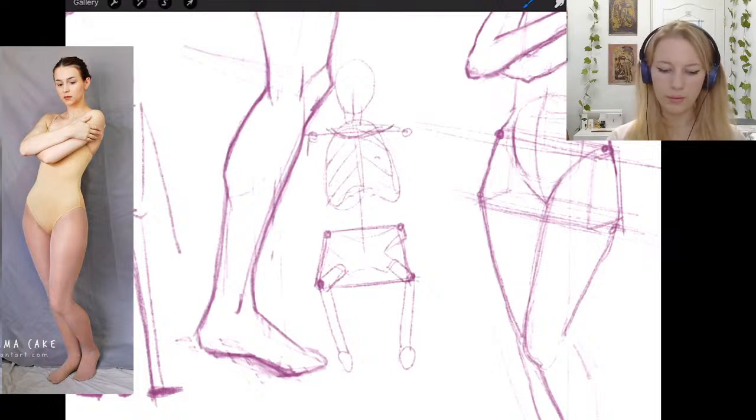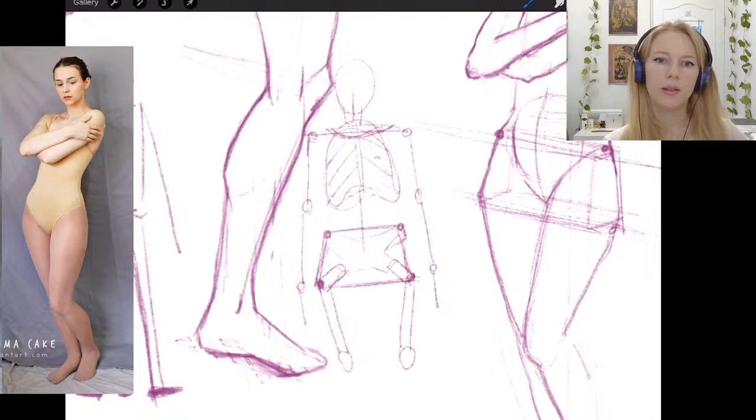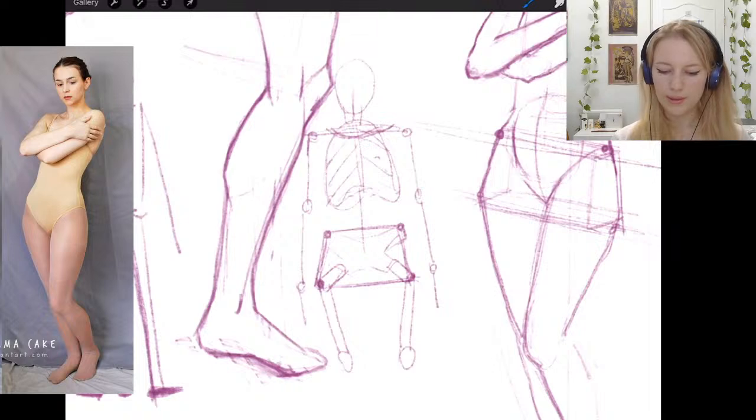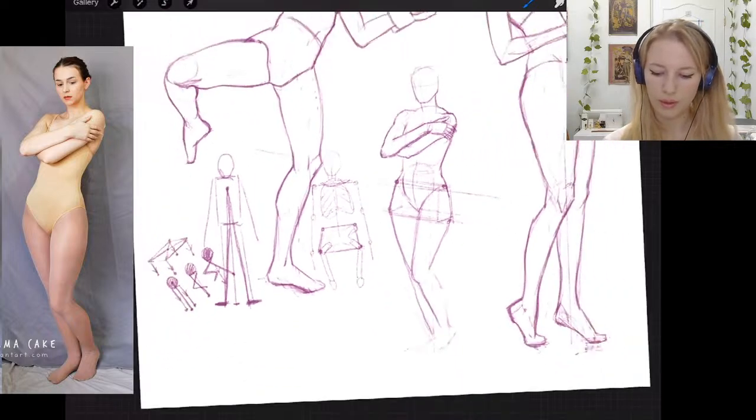So understanding the super stick figure, I would say, definitely helps, because when you understand the super basic shape, the construction, like the skeleton but super simple, it's easier to add these shapes like cylinders and stuff to it, and it makes things a bit easier.